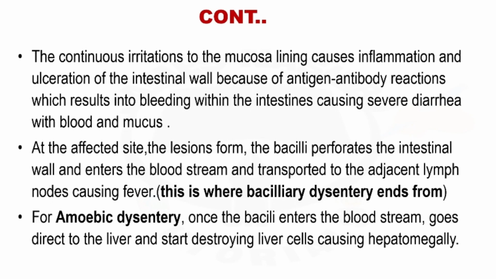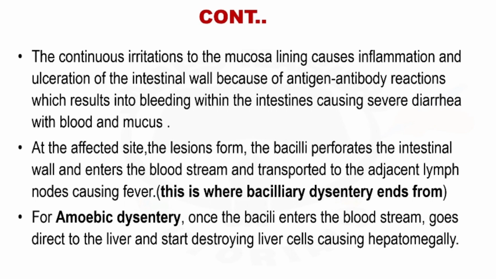For amoebic dysentery, when the Entamoeba histolytica gains access to the bloodstream, it doesn't end there. It enters the bloodstream and goes directly to the liver and starts destroying the liver cells, causing hepatomegaly.